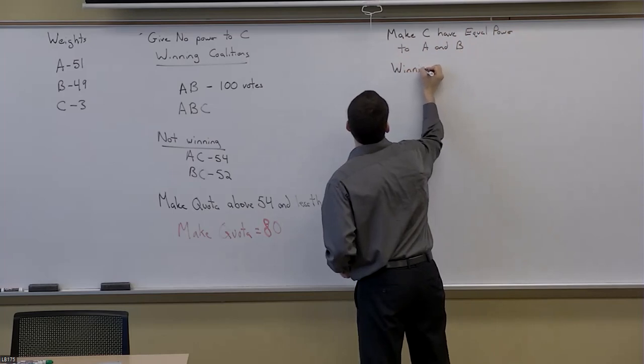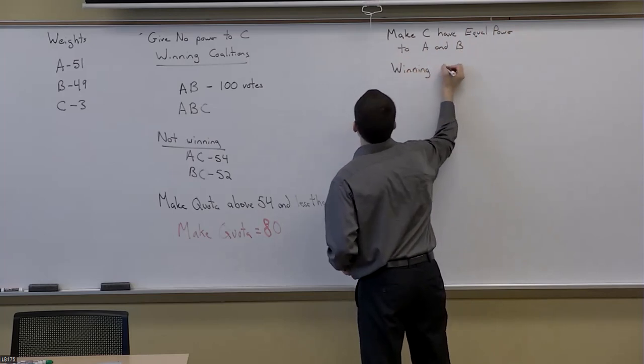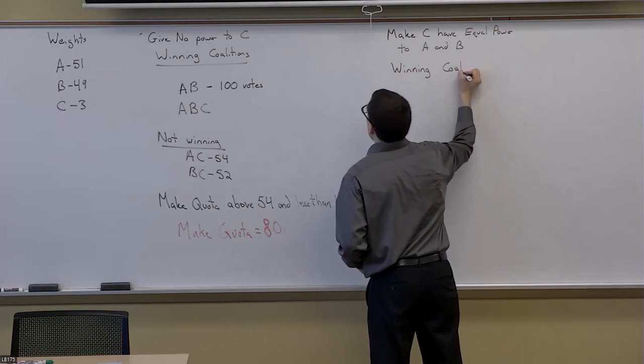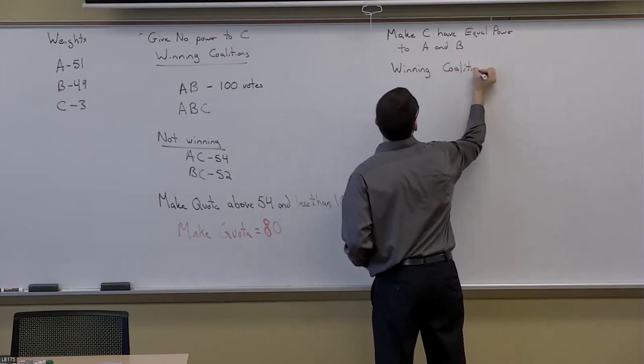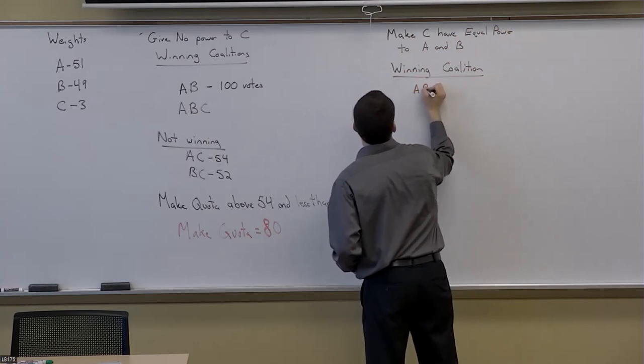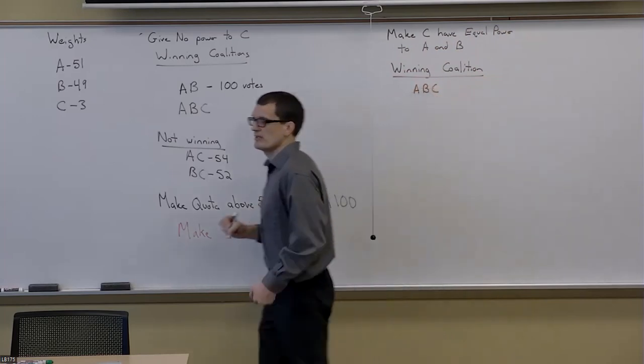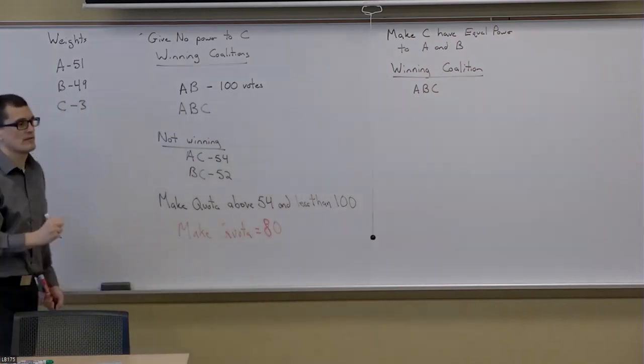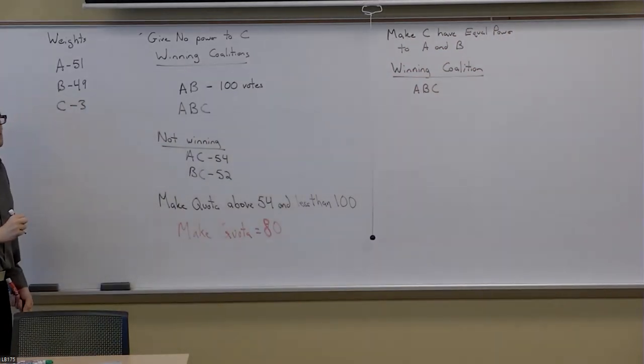The easy way to make sure that every individual has an equal power is just to let the winning coalition be the unanimous vote.